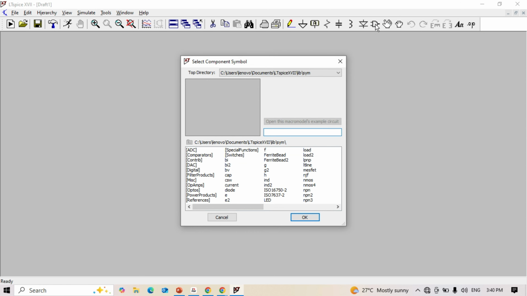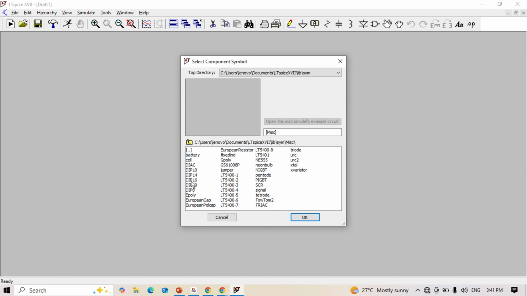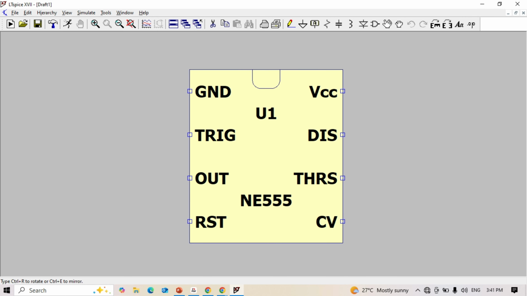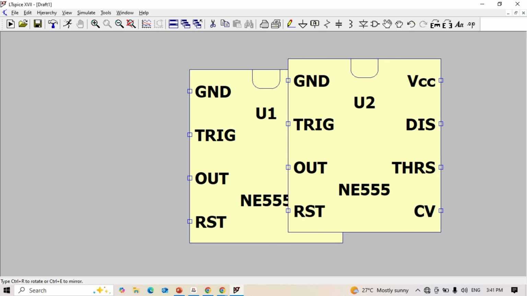To find the 555 timer, I think we can find it in miscellaneous. And here you can see NE555, right? Okay, can you see it?